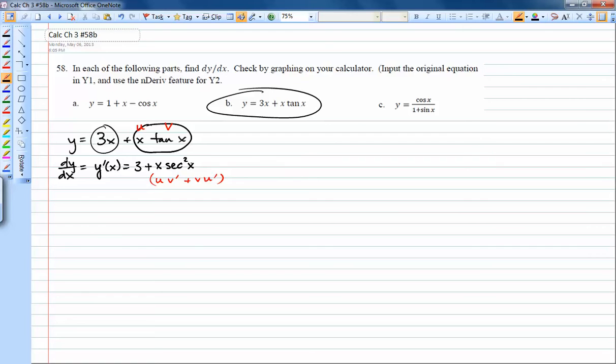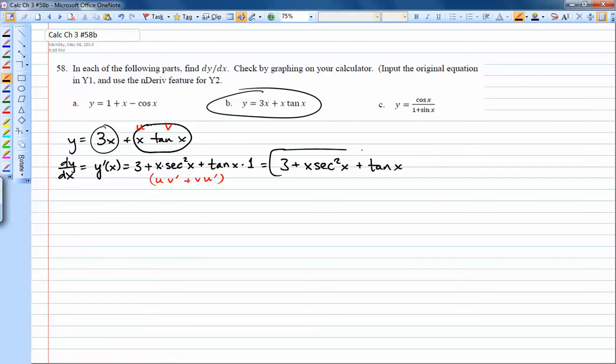That's one that you should have memorized. Plus tan x, that's v, times u prime, which is 1.